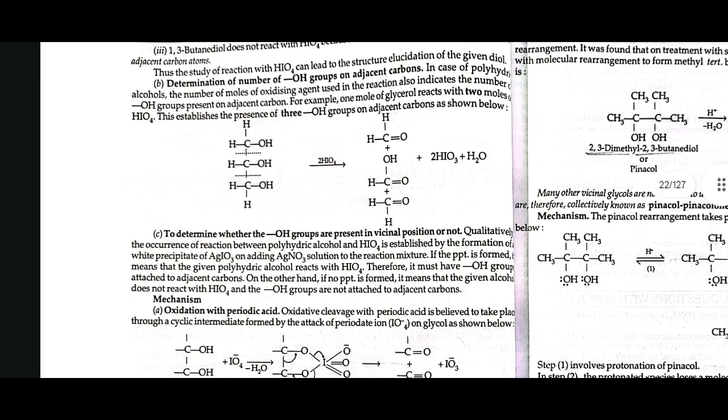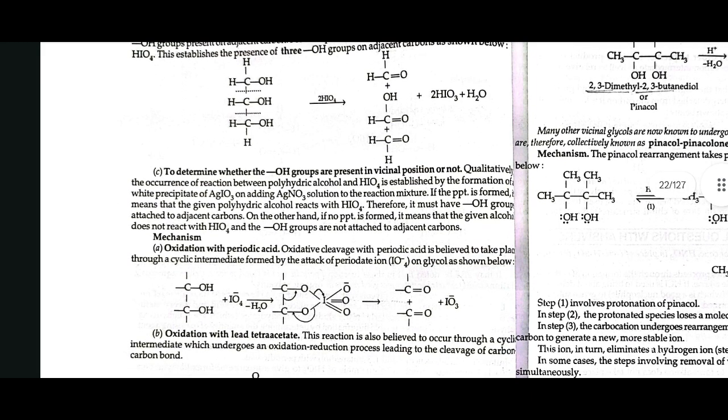To determine whether the OH groups are present in vicinal positions or not. Qualitatively, the occurrence of a reaction between polyhydric alcohols and HIO4 is established by the formation of a white precipitate of AgIO3 on adding AgNO3 solution to the reaction mixture.